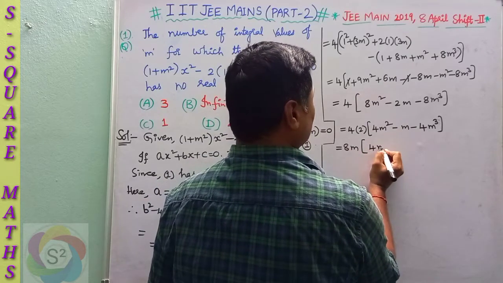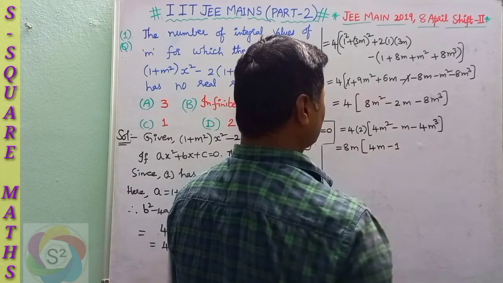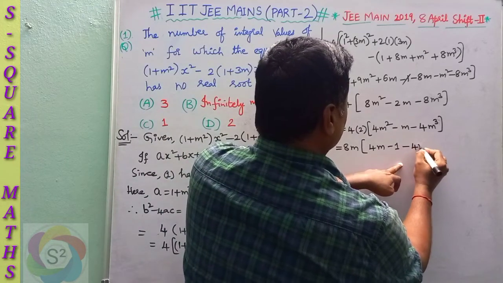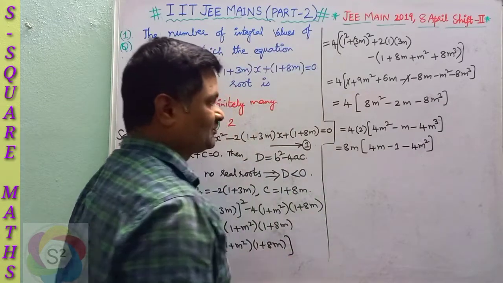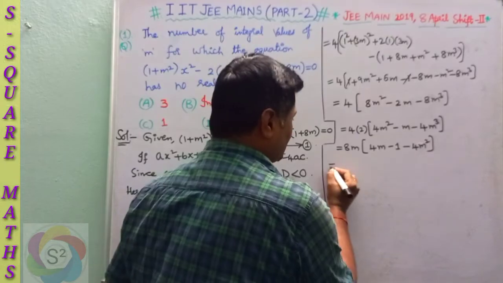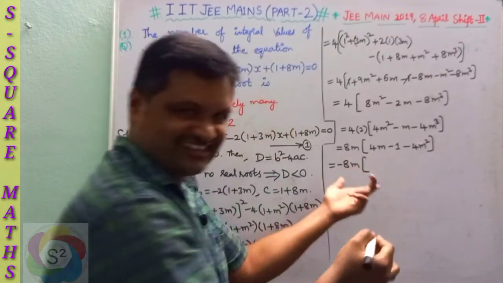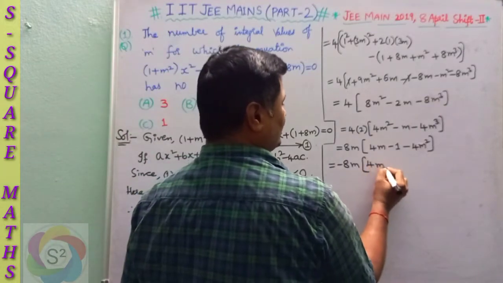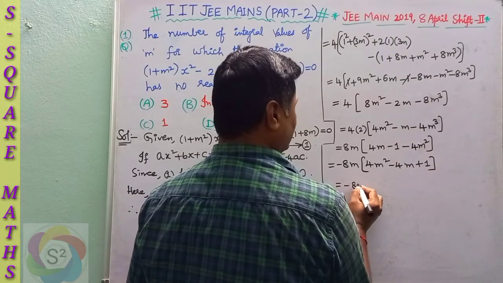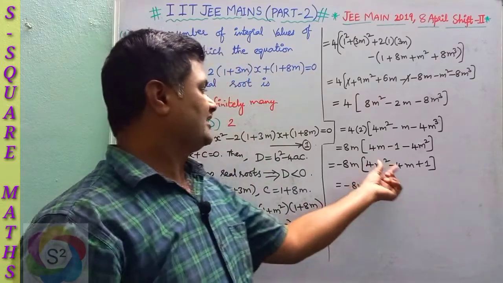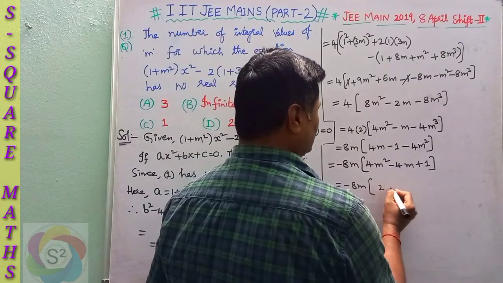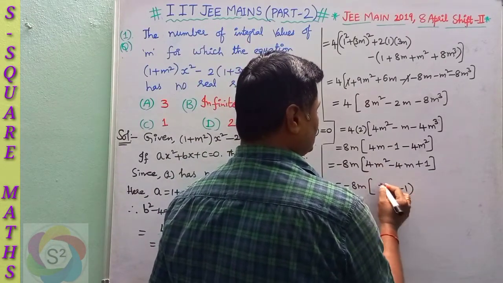I can write 4m minus 1, minus 4m square. Here I have taken m as common. Now taking minus also common, minus 8m, the signs will change. So I can write 4m square minus 4m plus 1, minus 8m of, after taking minus as common, signs will change, 2m minus 1 the whole square.